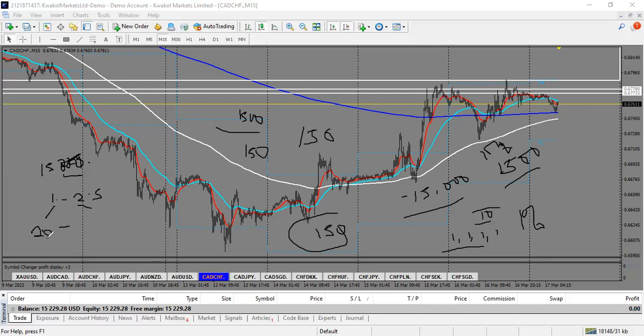So 20 pips loss, and 2.5 times that profit will be 20 times 2.5, around 50 pips, right? So if I'm losing 20 pips, I can make 50 pips. That's simply the calculation for this. So I can afford to lose 20 pips, and I must take a minimum of 50 pips out of the market.